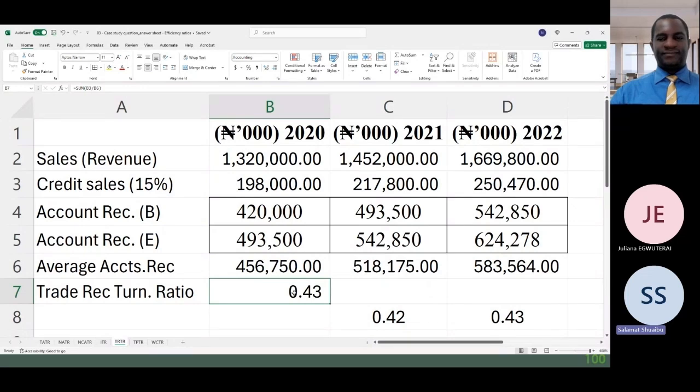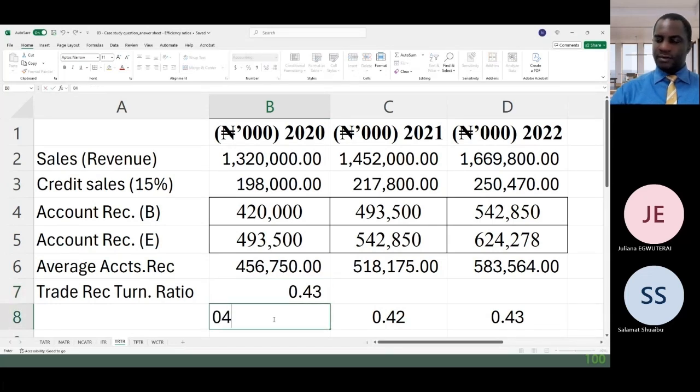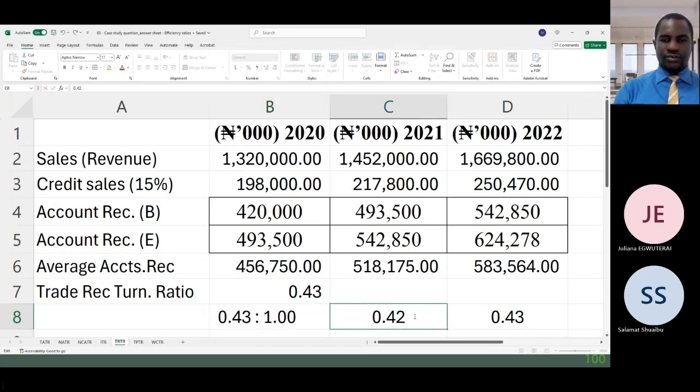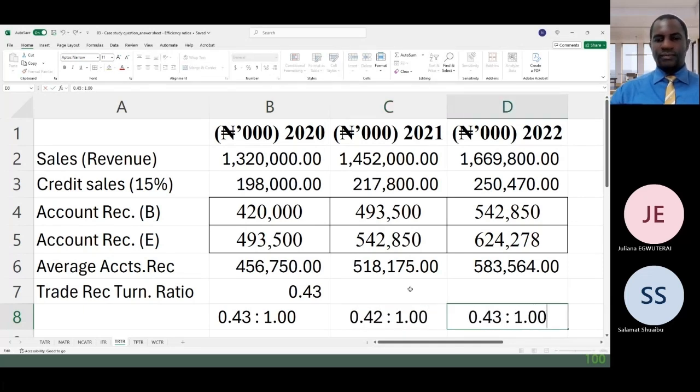Okay, that's what you have too. 0.42 is to 1. 0.43 is to 1.